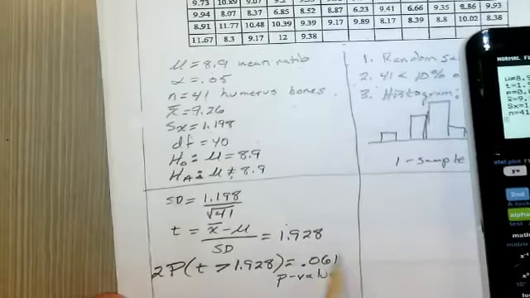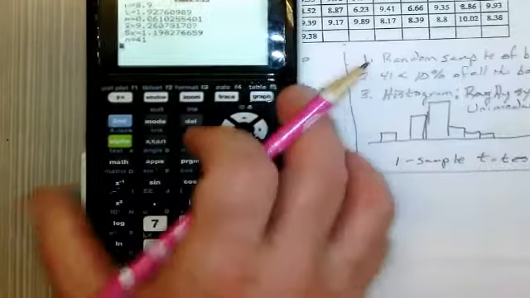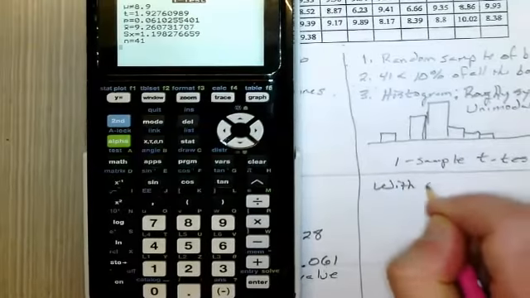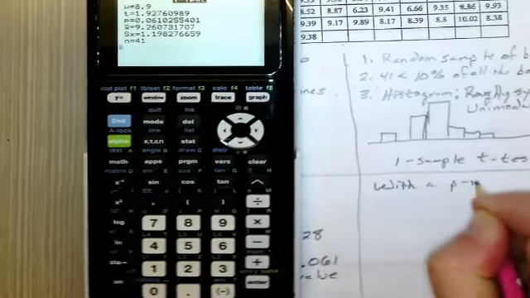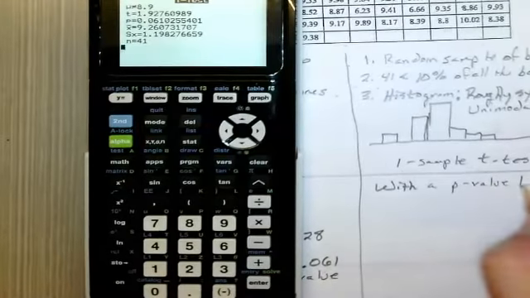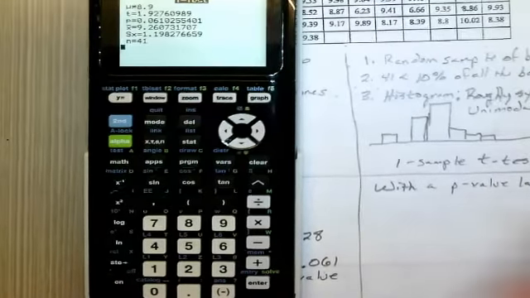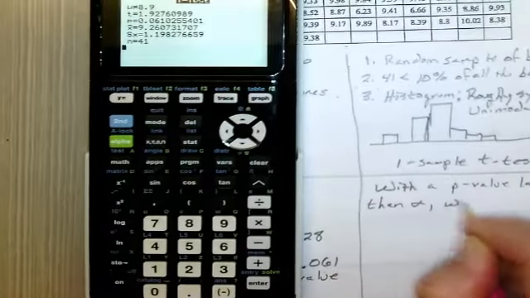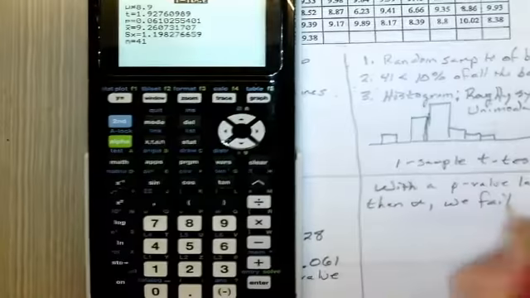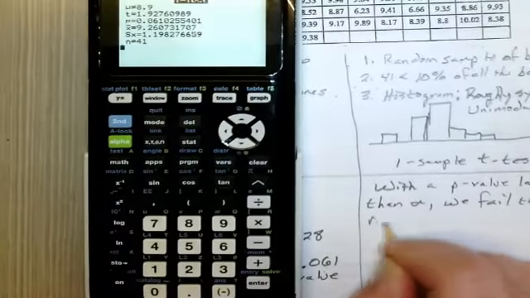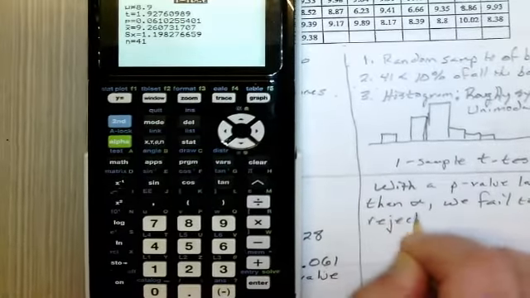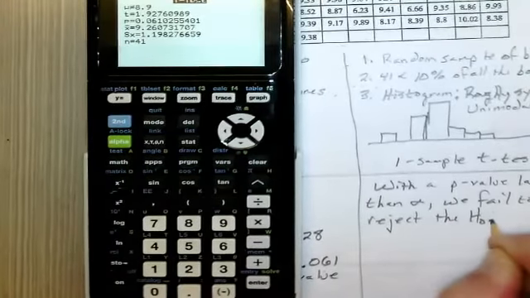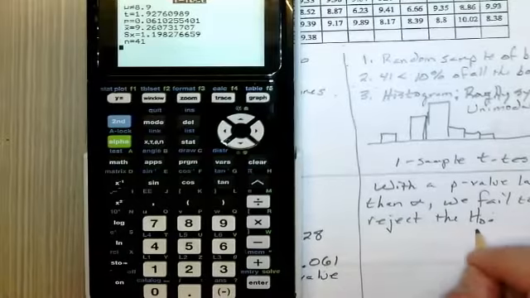This number is bigger than this number, so with a p-value larger than alpha, we fail to reject the null hypothesis. We failed to reject the null hypothesis.